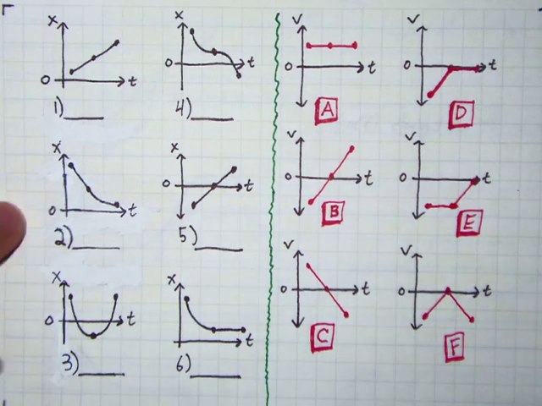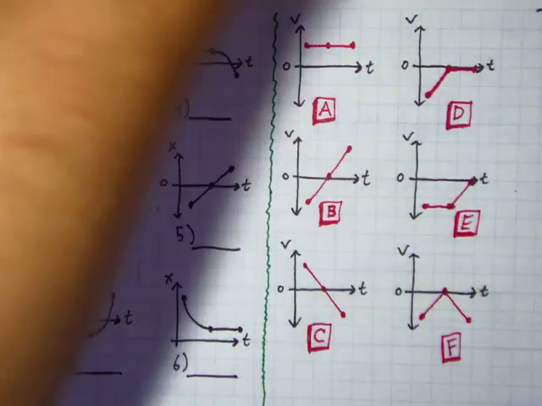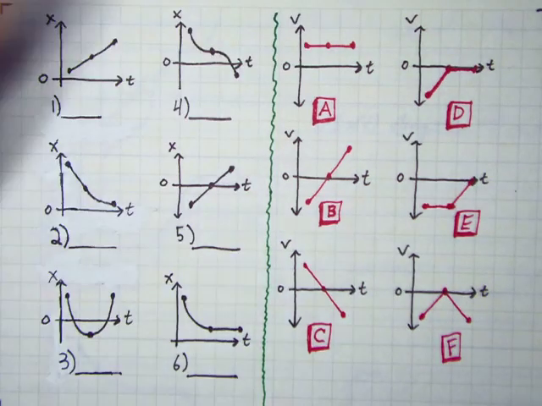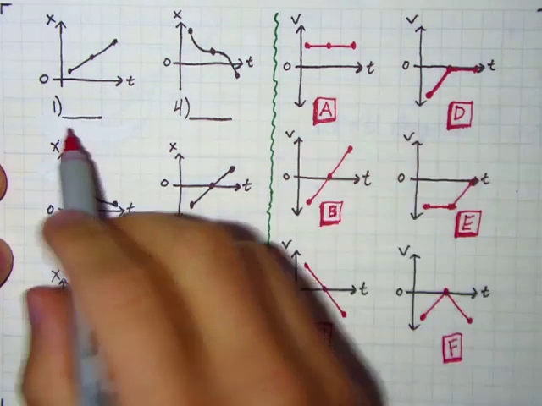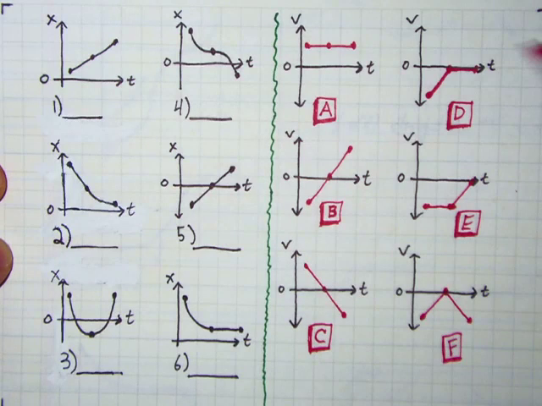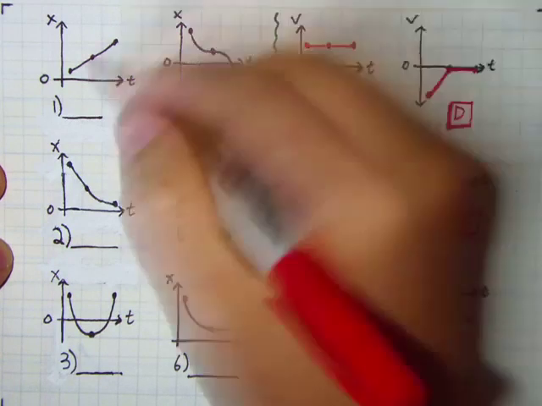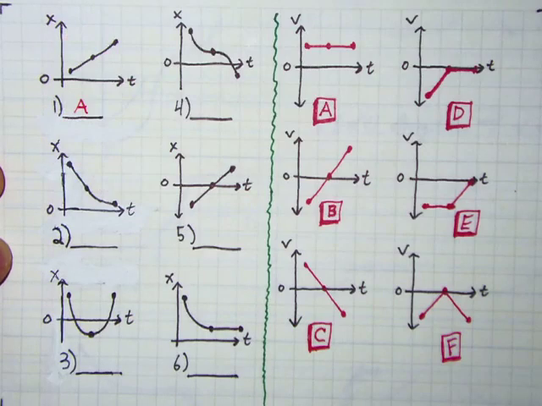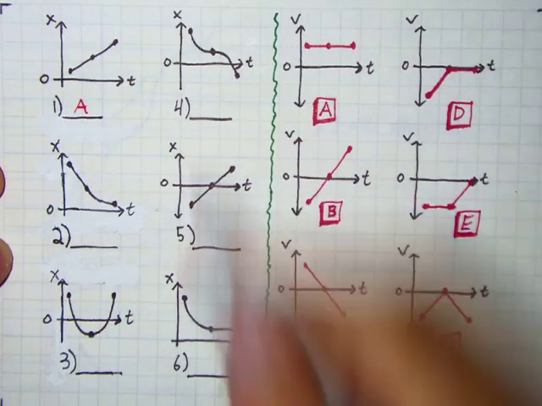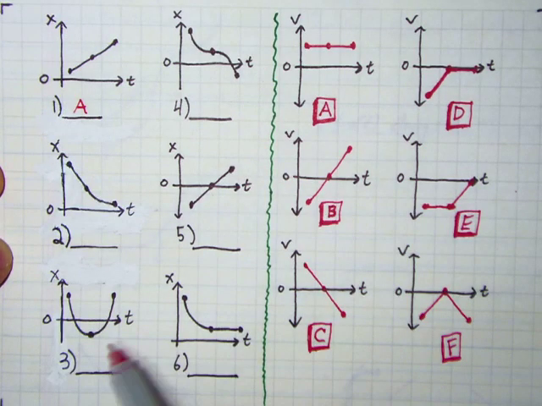Got the answer? Oh, I lost my answers. I have to figure it out myself. Okay, number 1 here, that is a constant velocity the whole time, constant positive velocity. That's A. Let's see, jump down to number 3, that looks familiar.